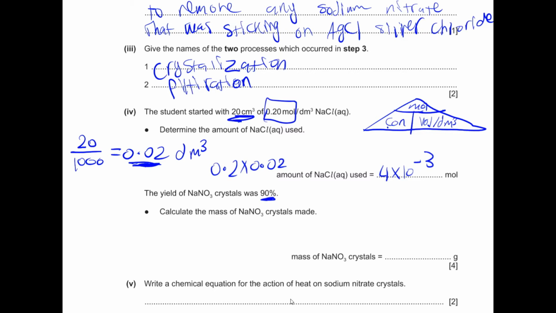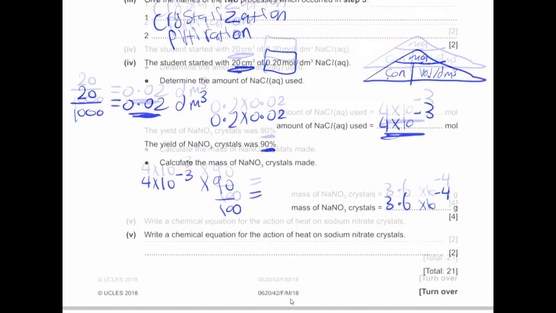To find the real amount of moles formed, we take the theoretical number of moles, 4 multiplied by 10 to the negative third power, multiplied by 90%. That makes 3.6 multiplied by 10 to the negative fourth power.